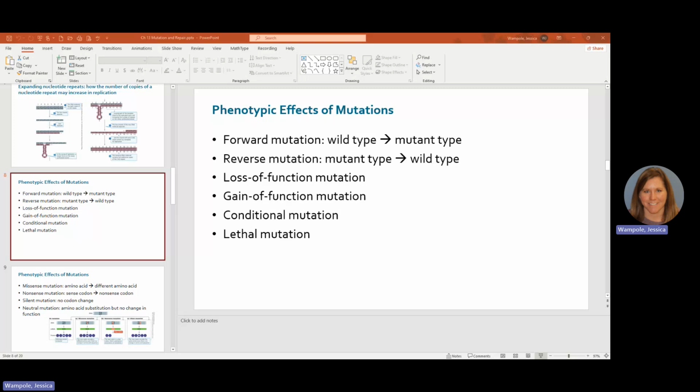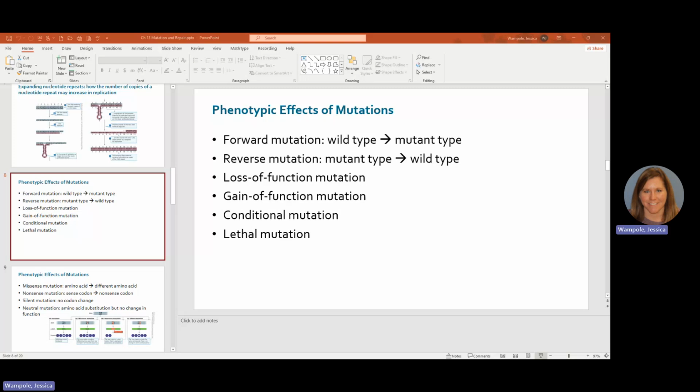But with CRISPR, because you can edit in live cells, they've developed a gene editing fix for sickle cell. If you can get the CRISPR edits into your bone marrow cells that are producing your red blood cells, then you can potentially fix the disease.